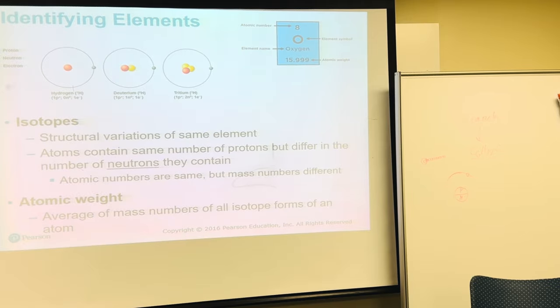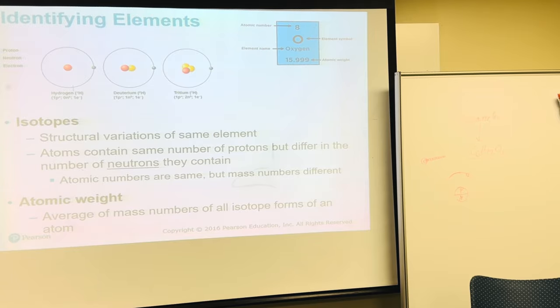As I told you already, if you change the number of protons, the name of the element will also change. But if you change the number of neutrons, what is going to happen? Is it going to change the name of the element? No, it is not going to change the name of the element, right? Okay. So now I want you to understand another term, which is isotope.